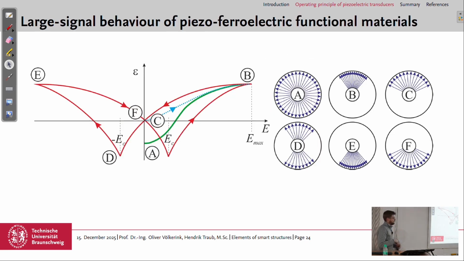There's another characteristic diagram. It's called the butterfly curve, because it looks similar to a butterfly, which again has the x-axis with the electric field, but now on the y-axis we have the elongation epsilon and not the polarization anymore.